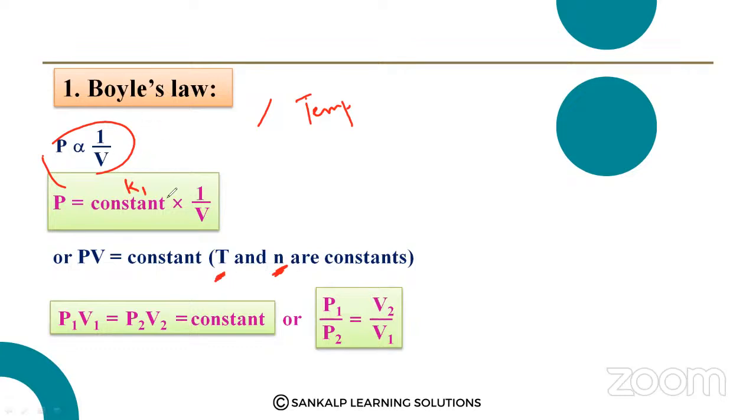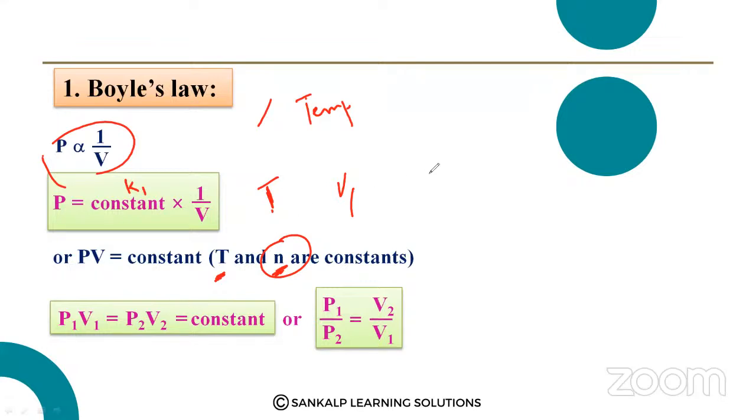So what did Boyle say? Whenever you keep temperature constant, a fixed amount of gas at constant temperature T will occupy the volume V1. If you keep temperature T constant, what will happen? The pressure will undergo a change, that is P1.